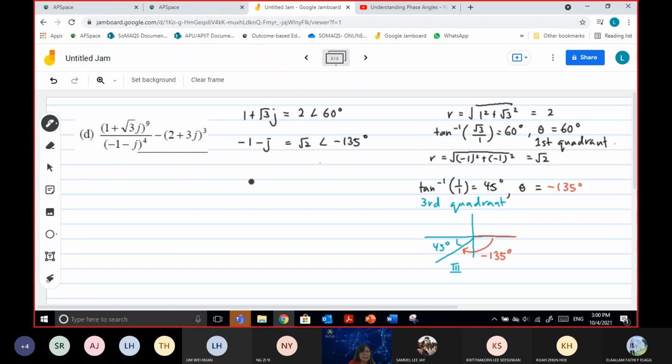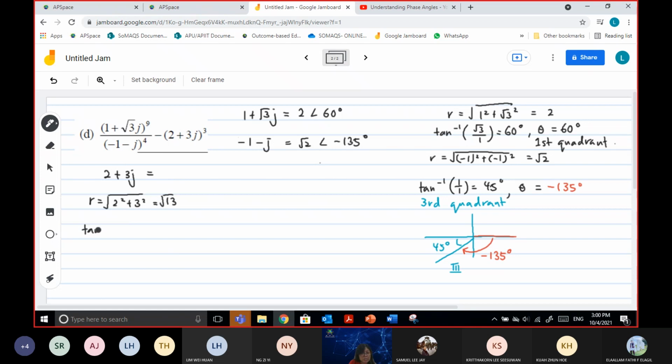Then next one we have 2 plus 3j. Again, we calculate the r, which is 2 squared plus 3 squared, square root of 13.